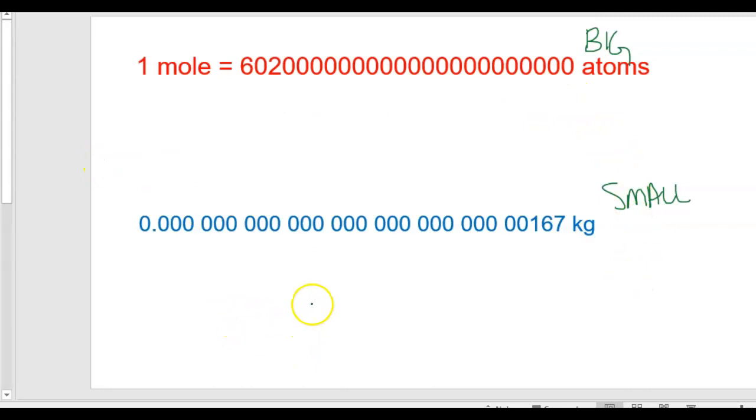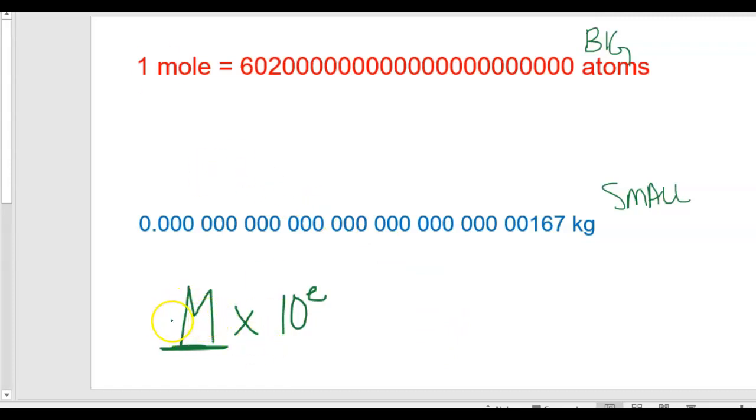Scientific notation has a general form, and it looks like this: M times 10 to some sort of exponent. This M is considered to be our main number.